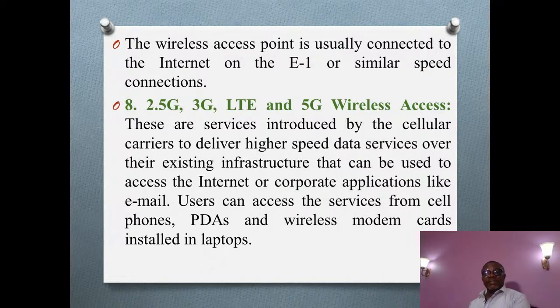So these are services introduced by the cellular carriers to deliver high-speed data services over their existing infrastructure that can be used to access the internet or corporate applications like the email. Users can access the services from their cell phones, personal digital assistants, PDAs, and wireless modem cards installed in their laptops.